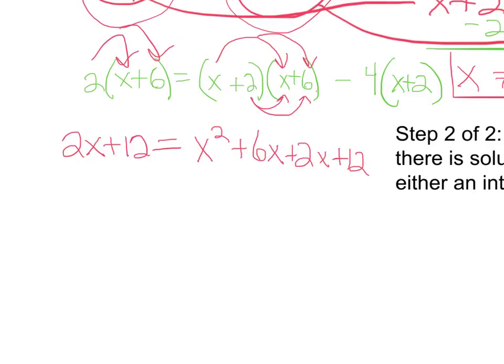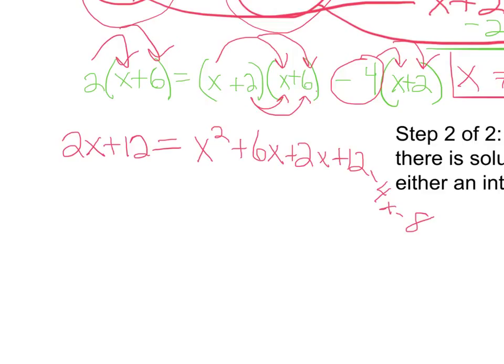And then we've got a little more to add because we've got to distribute this negative 4 to both the x and the 2. Make sure you distribute negative 4 and not just 4. So negative 4 times x is negative 4x, and negative 4 times 2 is negative 8.